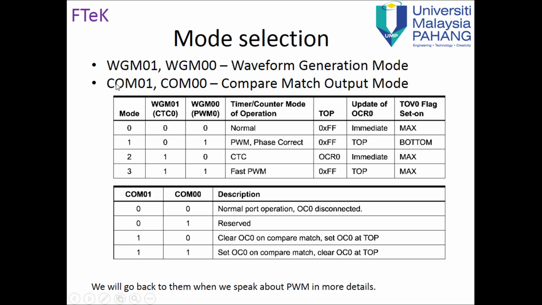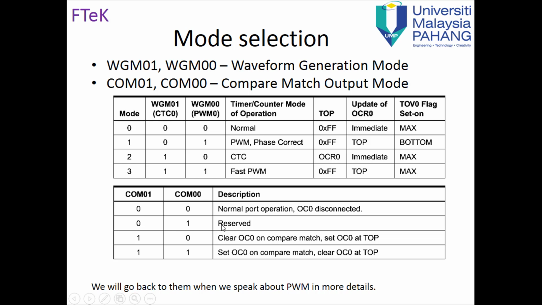WGM01 and WGM00 are for waveform generation. According to this value, the timer can work in normal, PWM phase correct, CTC, and fast PWM modes. COM01 and COM00 are the compare match output mode.